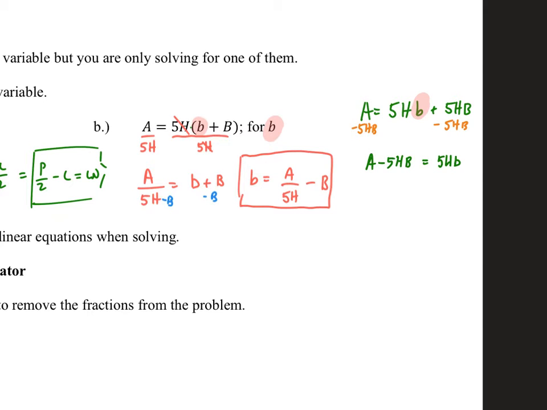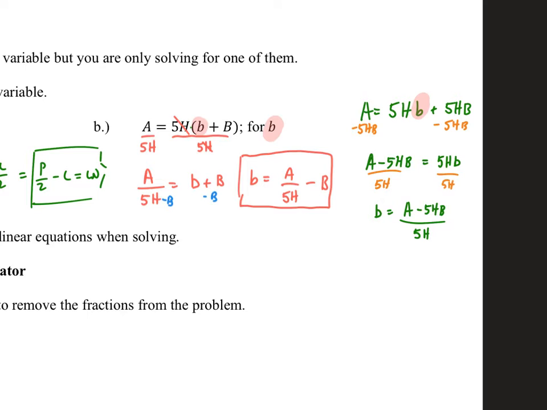Well, now I need to get rid of the stuff that's with little b, and it's 5h times b, so I'm going to divide by 5h, divide by 5h. And so again, at that point, the little b on the right is isolated, so I want to switch to the left side. Equals a minus 5hB over 5h.